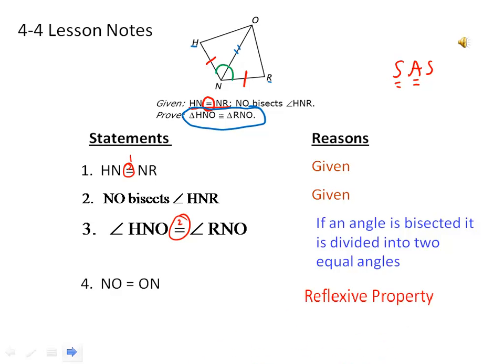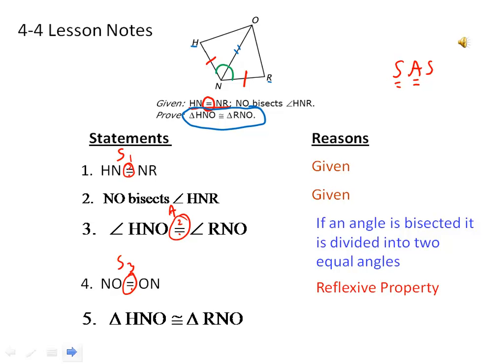Reflexive property. All right, so there's my third equal symbol. And this is a side. This is the included angle. And that's another side. Now that I have my three equality statements here, I can say that these are congruent by SAS. So triangle HNO is congruent to triangle RNO by SAS.